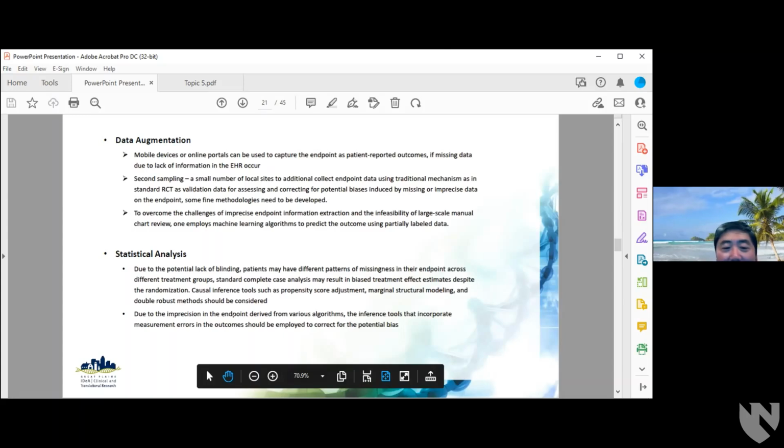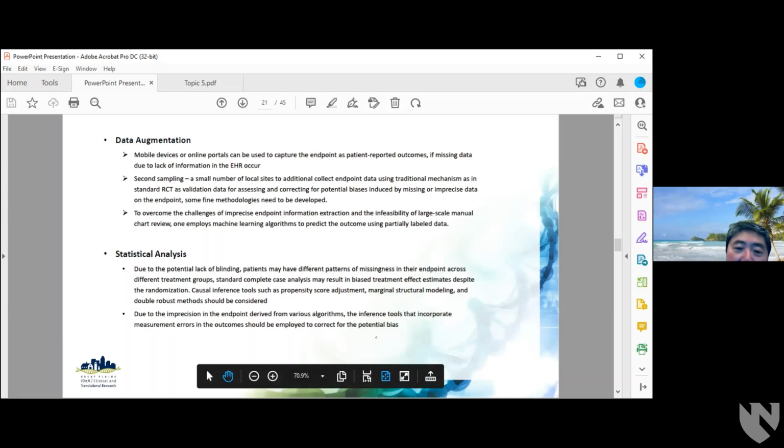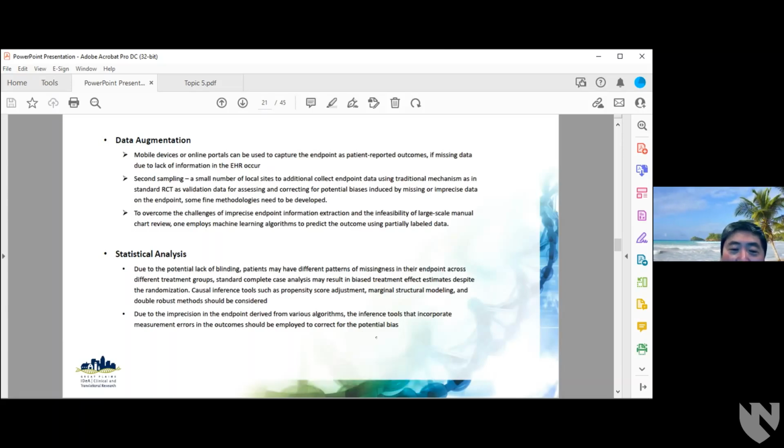It's model-derived error, the same as a kind of measurement error. So the measurement error mechanism needs to be built into the analysis plan in order to correct the potential bias. In one word, if you really want to do things right when facing this kind of issue, more sophisticated statistical methods are imperative.